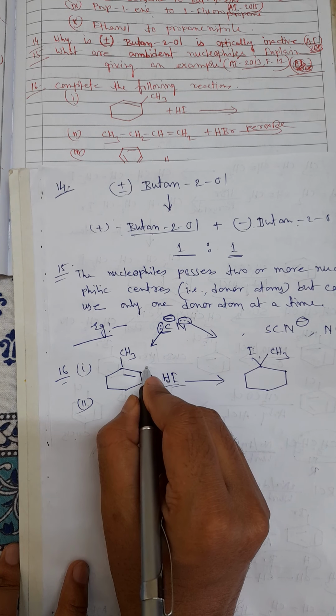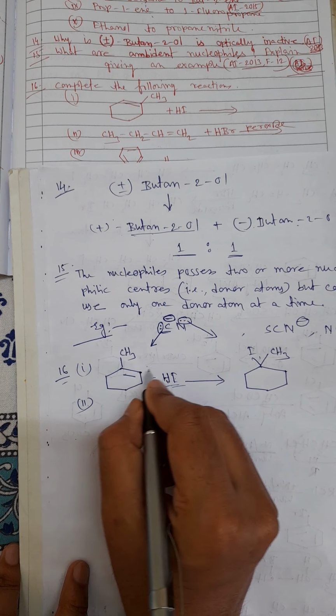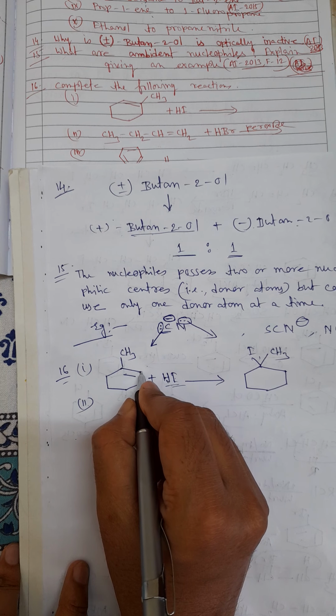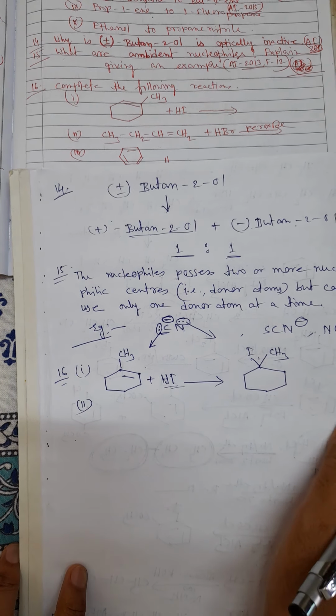Here one hydrogen is there, but in this carbon no hydrogen is attached. For that reason hydrogen is combining to this carbon and I is combining to this one.